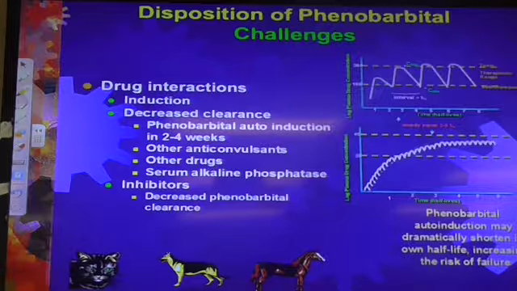And finally, and maybe disastrously, if the other drug, not phenobarbital, but the other drug that's being given with phenobarbital that is metabolized by the liver is metabolized to toxic metabolites, what's going to happen in a patient on phenobarbital? We're going to have more toxic metabolites formed, and that means a greater risk of adversity.